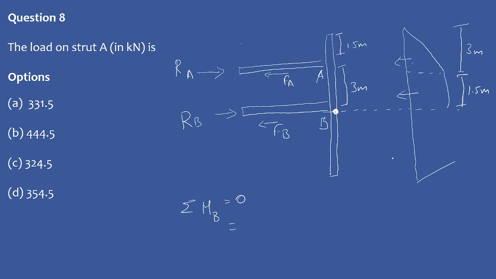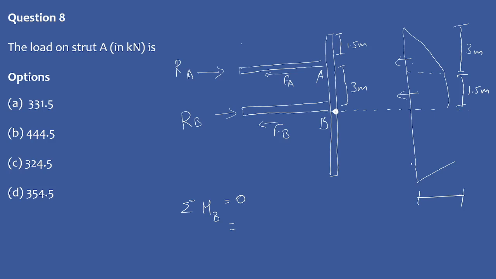Also, the width of this trapezoidal diagram is given as 0.25 gamma h. If we calculate, gamma is given as 17 and height is 12, so 0.25 into 12 is 3, into 17 is 51.